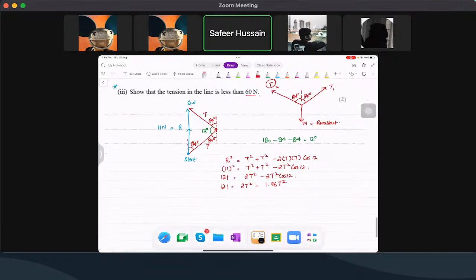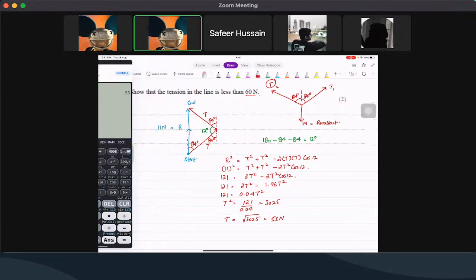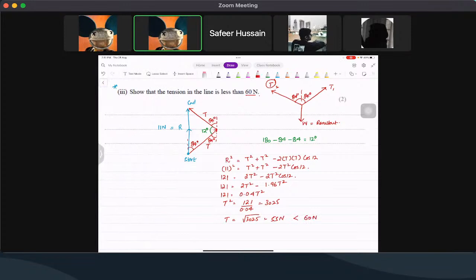Then 2 minus 1.96 will give me 0.04 t squared. I just want to find t. So t squared will be equal to 121 over 0.04. 121 divided by 0.04 is 3025, and then I take the square root of 3025. The square root of 3025 is 55 newtons, which is less than 60 newtons, hence shown. And that's what we needed to do. Is it clear, everybody?